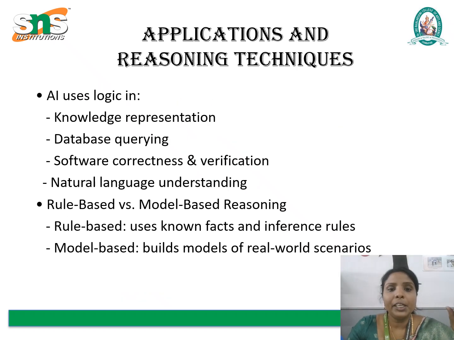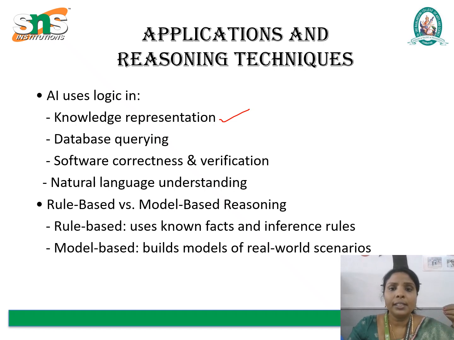Next, we see applications and reasoning techniques. Artificial intelligence uses logic in several important areas. One key area is knowledge representation, where logic helps computers store, organize and understand information in a structured way, just like how we humans think. Another area is database querying, where logic is used to search and retrieve specific information from a large set of data.